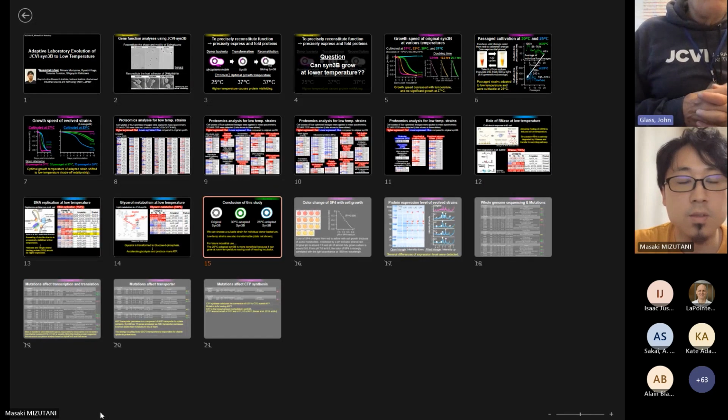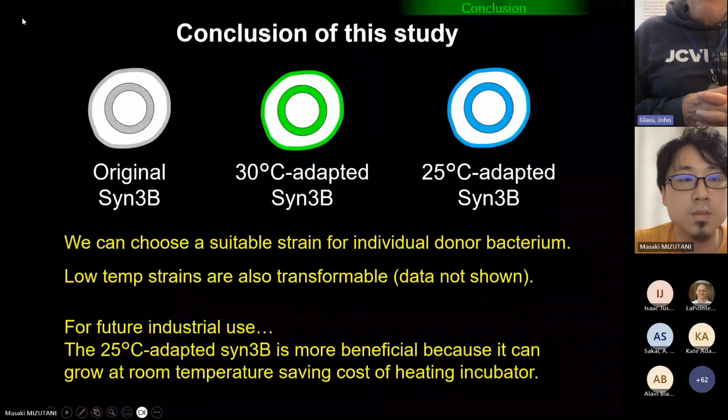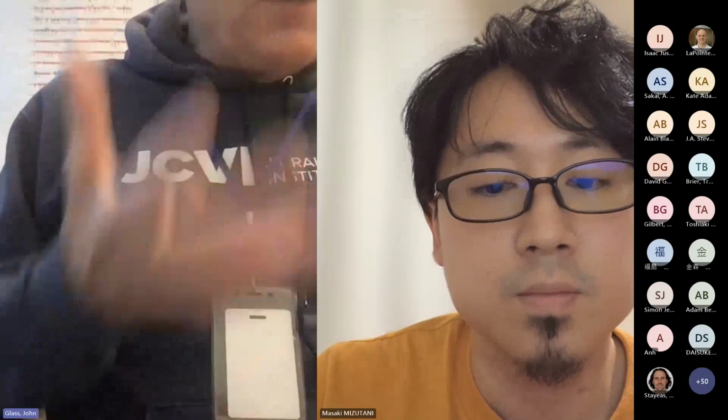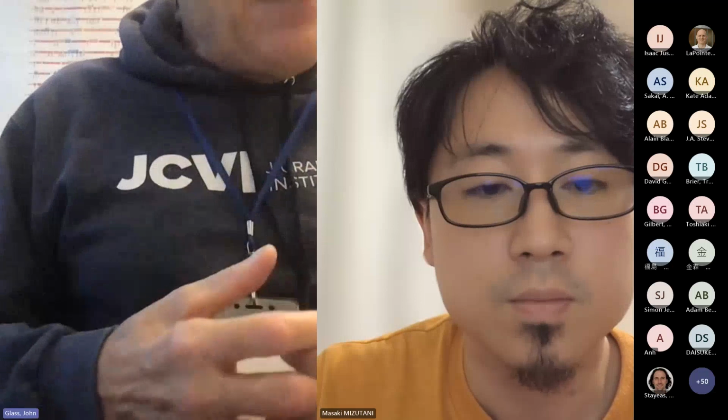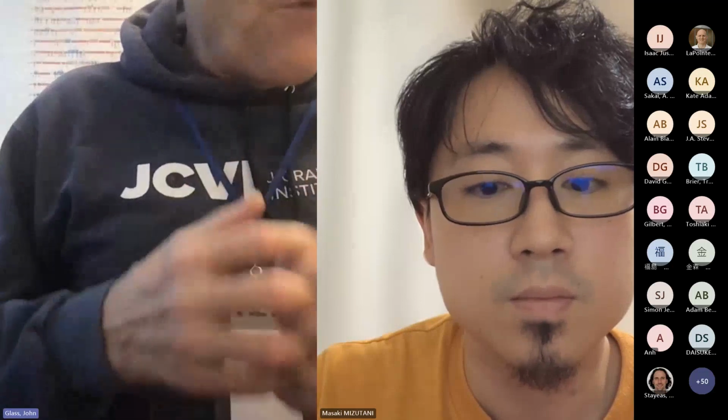Masaki, there were recent papers. I was an author on both. One from the University of Indiana, where they did adaptive evolution of Syn3B, and then from UCSD, where they did adaptive evolution of Syn3A. If you think about it, the organism on which the minimal cell was based, Mycoplasma mycoides, had never been adapted for growth in SP4 media.